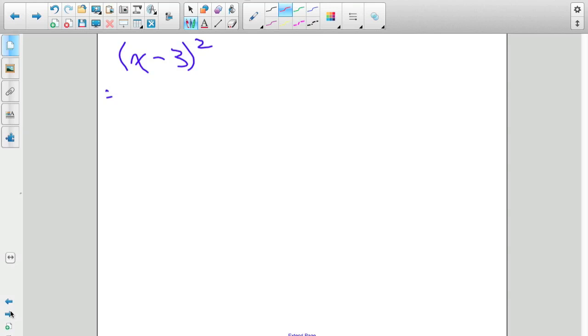Does everyone remember the shortcut though? Yeah, but does everyone remember the shortcut? It's the square of x. You take the first one, we square it. Then you do the second number, so 3, squared, and that's a plus.